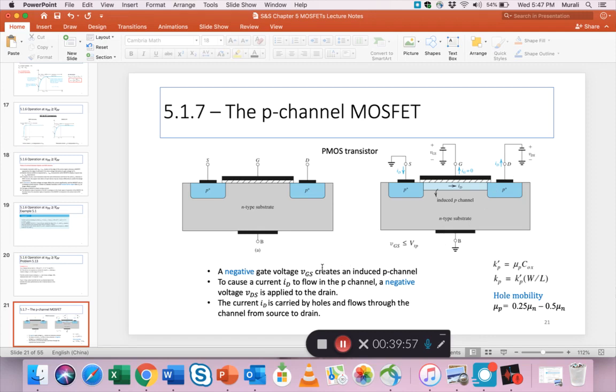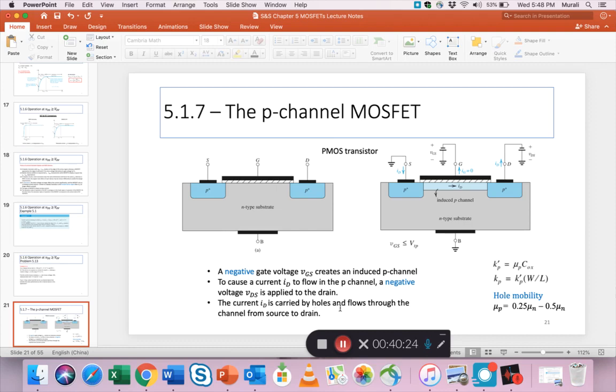To summarize, a negative gate voltage VGS creates an induced p channel. To cause a current ID to flow in the p channel, a negative voltage VDS is applied to the drain. When we say negative, it's because this is all with respect to the source, which is grounded. So with respect to this ground, this is negative, this is negative. Okay. The current ID is carried by holes.